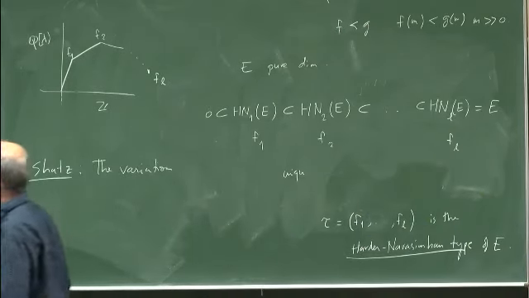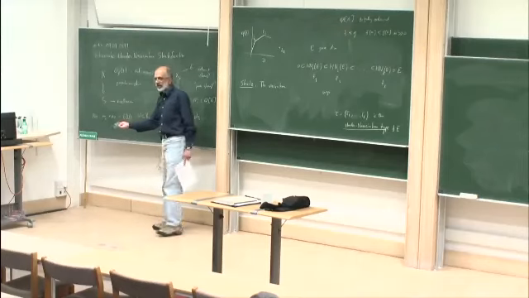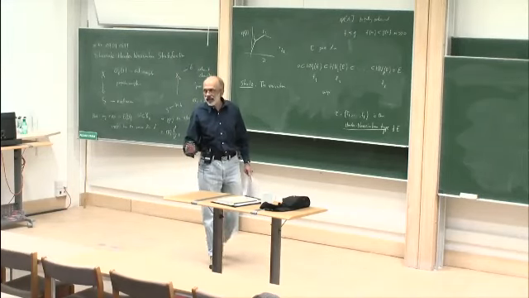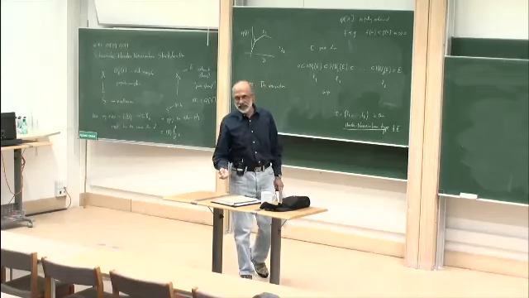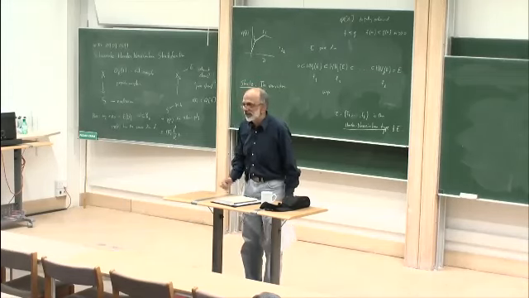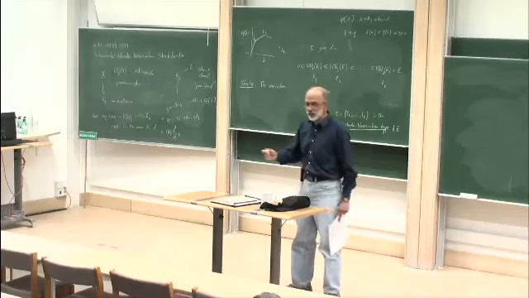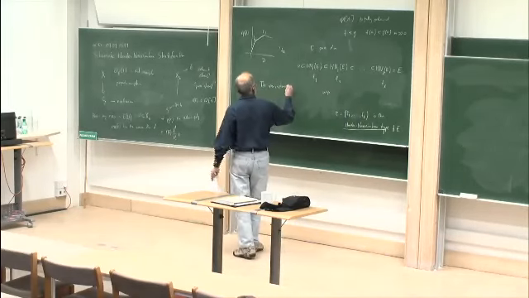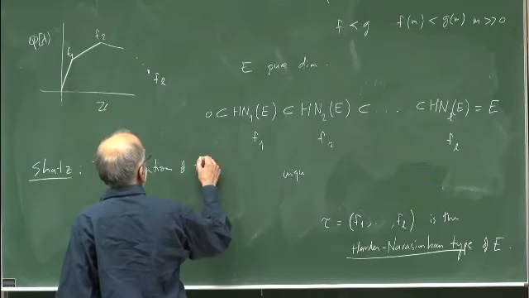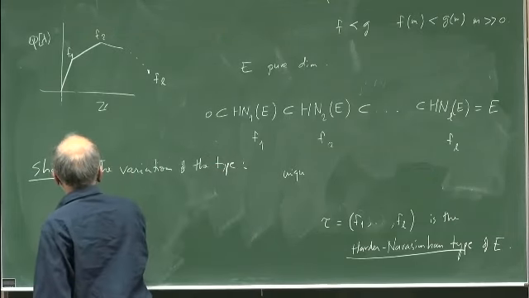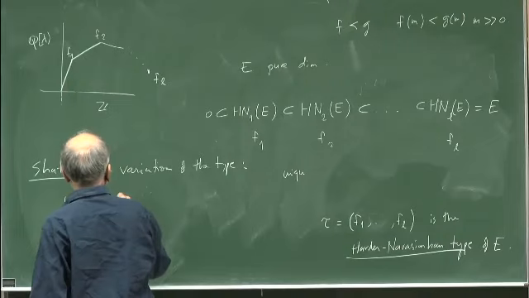Remember this coherent sheaf was on some point in S. One may have such a family which is flat over the base, and then you want to study how this Harder-Narasimhan filtration type varies as you move the base point. And what Shatz proved, so the variation of the type, he showed it is upper semi-continuous.